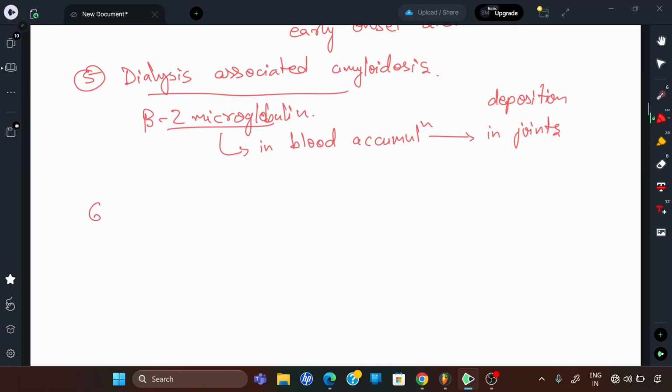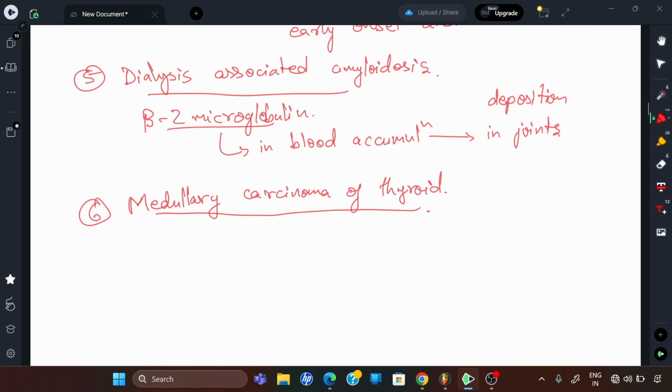And now moving to the final example of localized amyloidosis, that is medullary carcinoma of thyroid, right? So what happens here is there is tumor of these cells called the C cells within the thyroid, right? Now there is tumor of these C cells and their normal function is to secrete calcitonin.